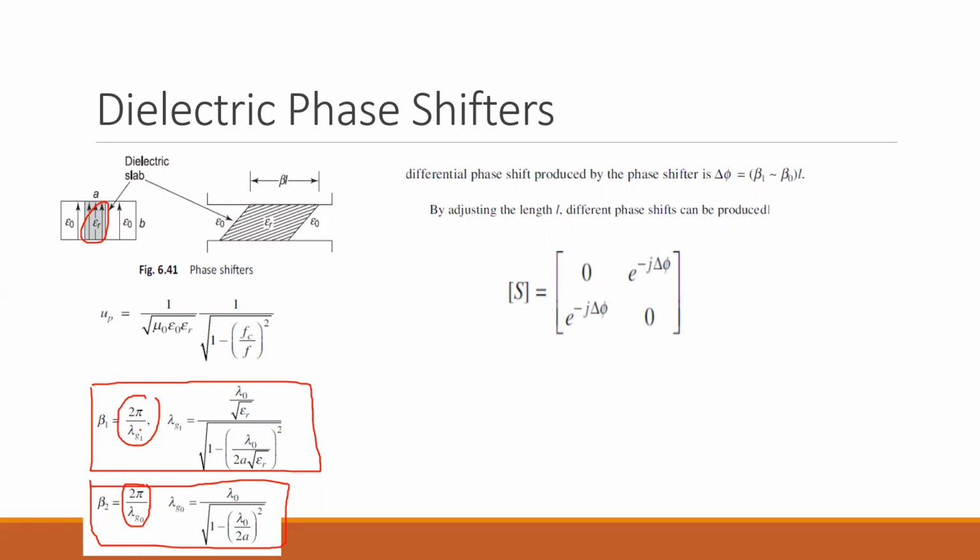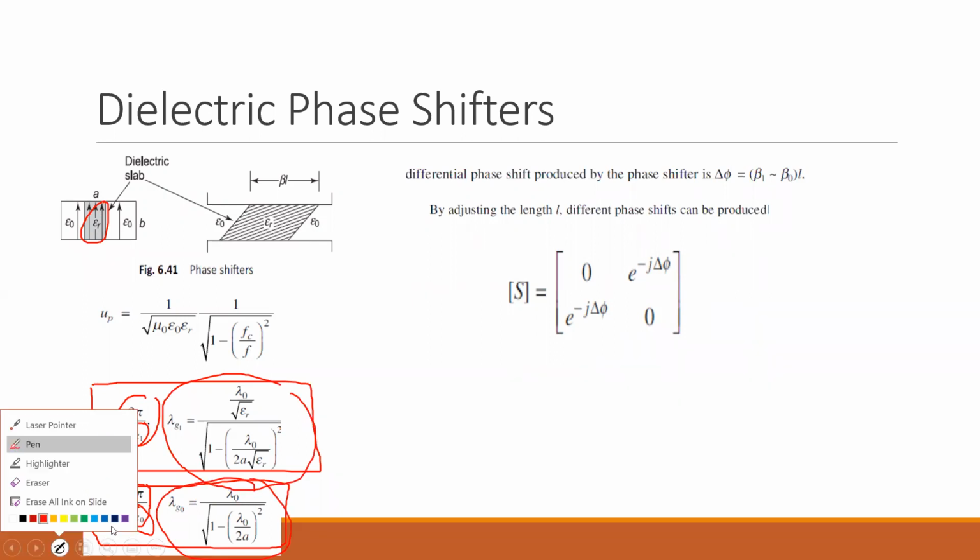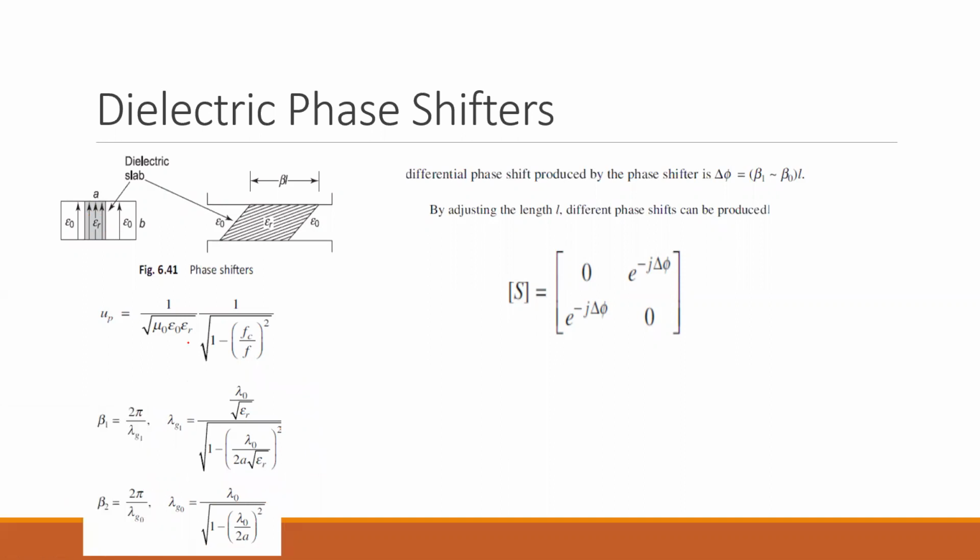So you have something termed as guide wavelength. So here we have the two parameters, lambda g1 and lambda g2, wherein we have two guide wavelengths which are specified by this equation. And if you just observe, all these parameters are dependent on epsilon r.